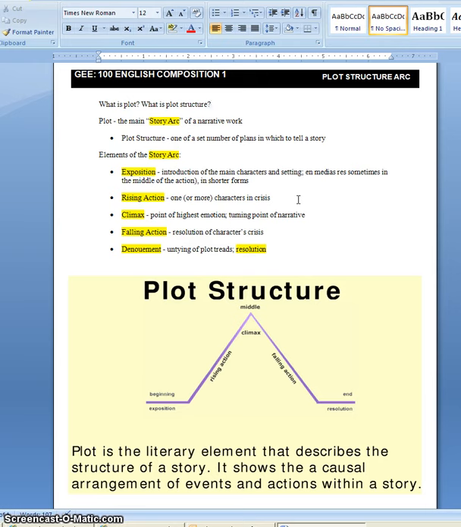Once you have that completed, you move to your third paragraph, called the climax, the point of the highest emotion, the turning point of the narrative. Usually something happens here. Once this paragraph is completed, you move to the falling action. It's the resolution of your crisis. Something happened to you, and this was the result of it.